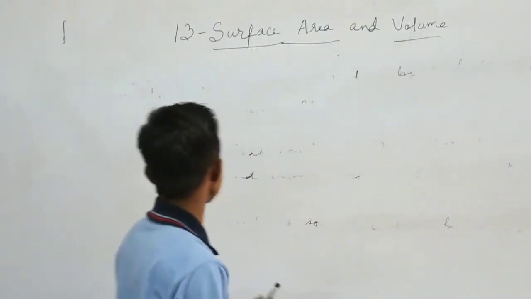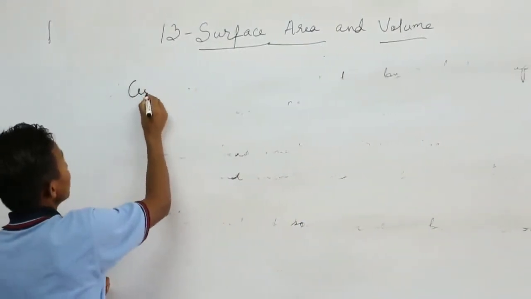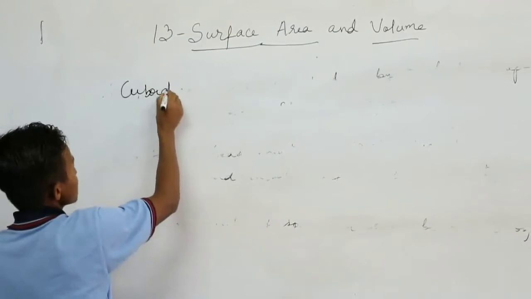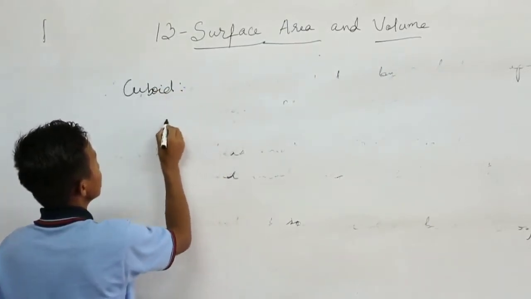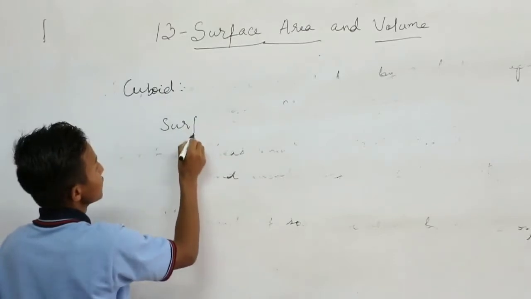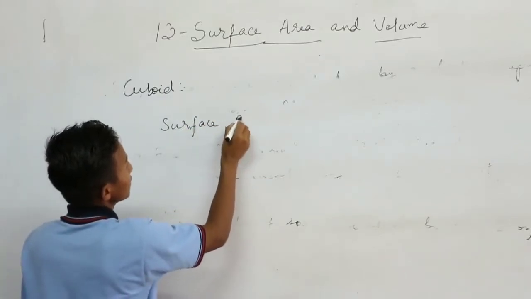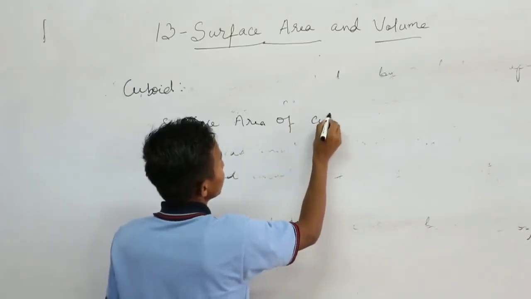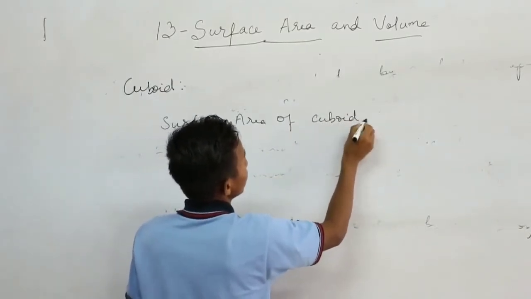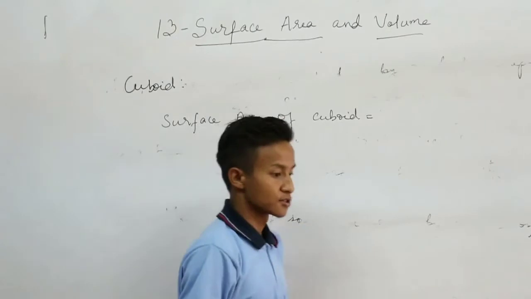Try to find the surface area of a cuboid and also the volume. Surface area of cuboid.